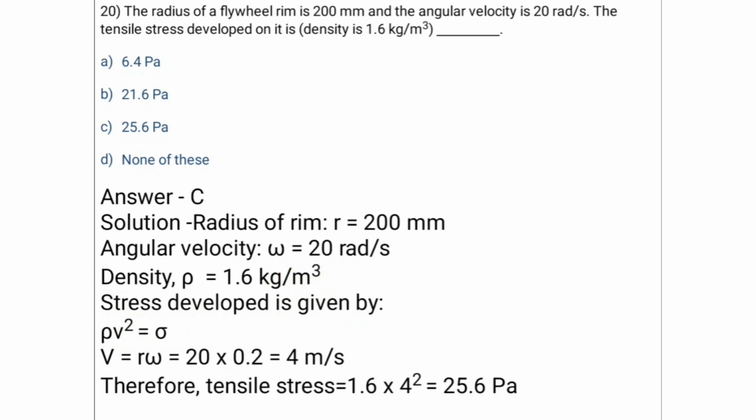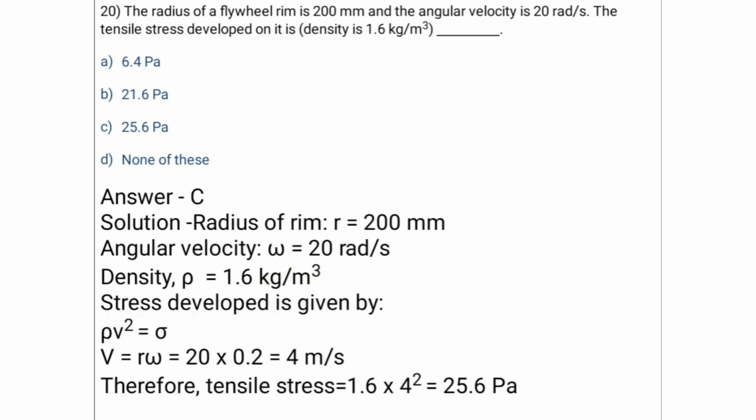After calculating this, you can replace kg as newton second square per meter. If you put kg replaced as newton second square per meter, you will get the unit as newton per meter square, and that is nothing but Pascal. So after calculating this, you will get the required answer as 25.6, so you can put it here.